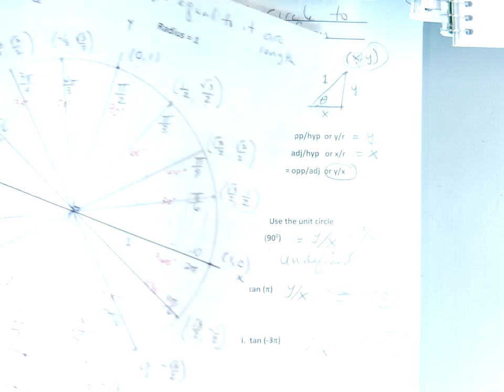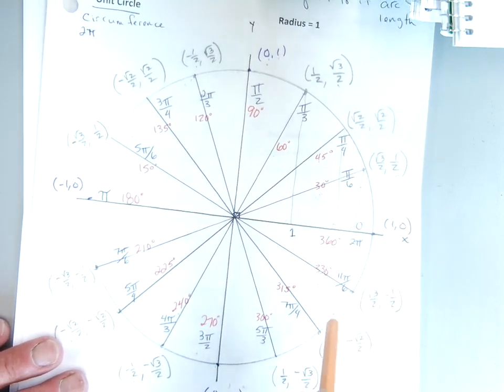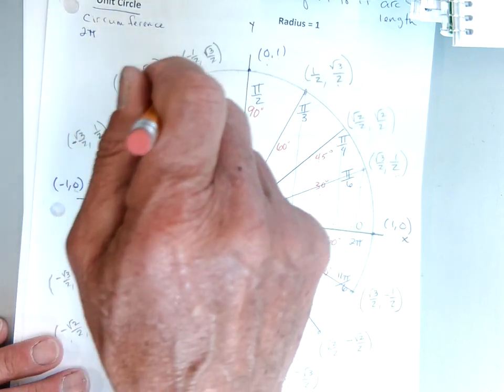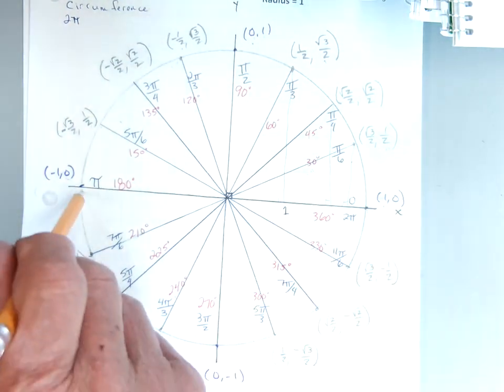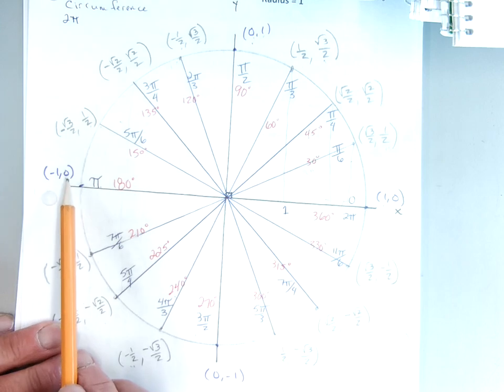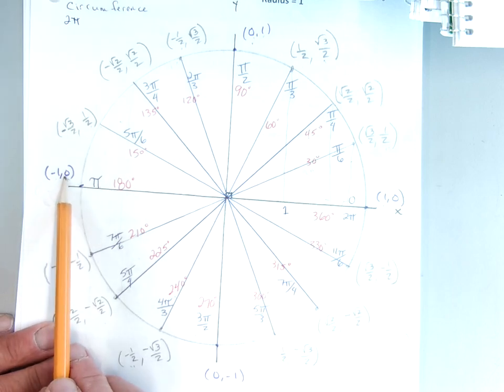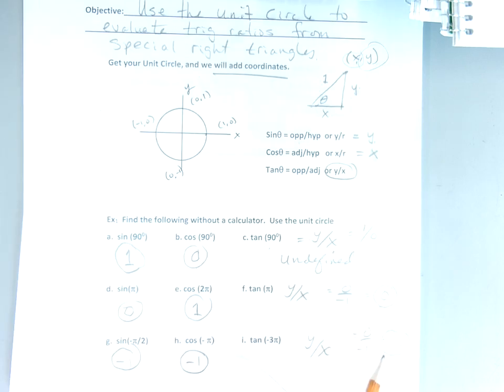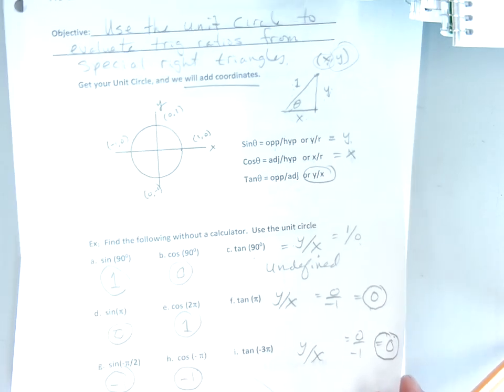Tangent of negative 3 pi over 2, let's see. Going negative pi, negative 2 pi, negative 3 pi puts me right here. Tangent is y over x, it's 0 over negative 1, which is 0. Okay, so far so good. The unit circle is awesome.